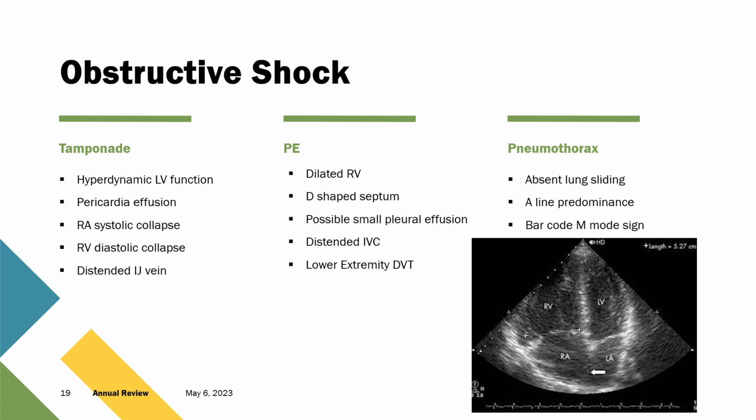As this happens, it's going to increase that pericardial effusion. The pericardial effusion can then cause right atrial systolic collapse because so much pressure is on that right atria, and then left ventricular diastolic collapse because of the pressure on that ventricle during diastole.